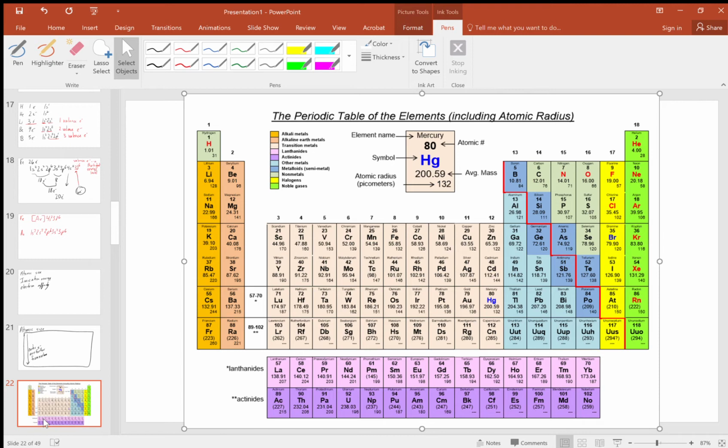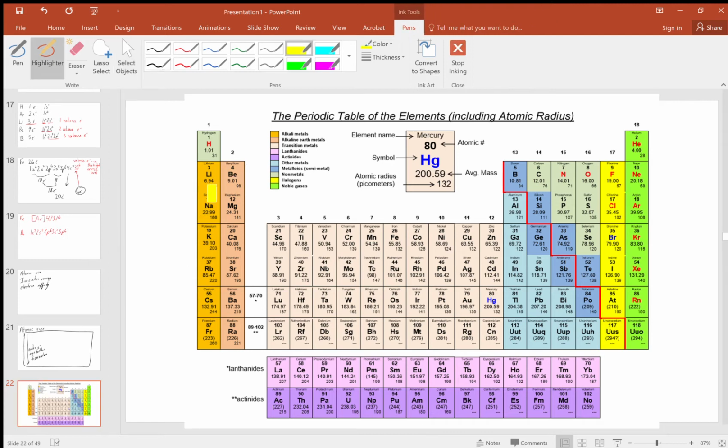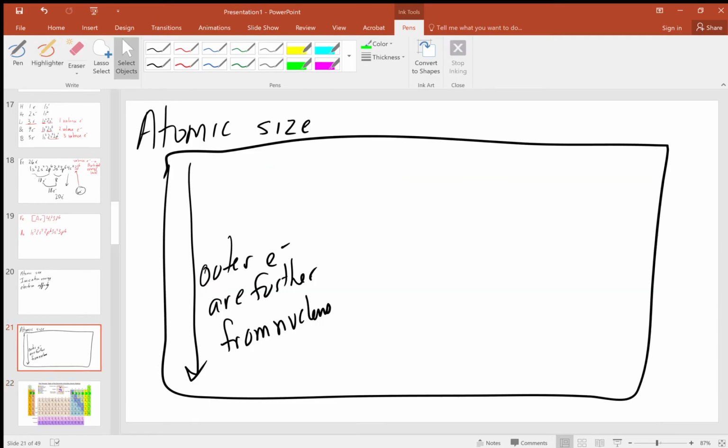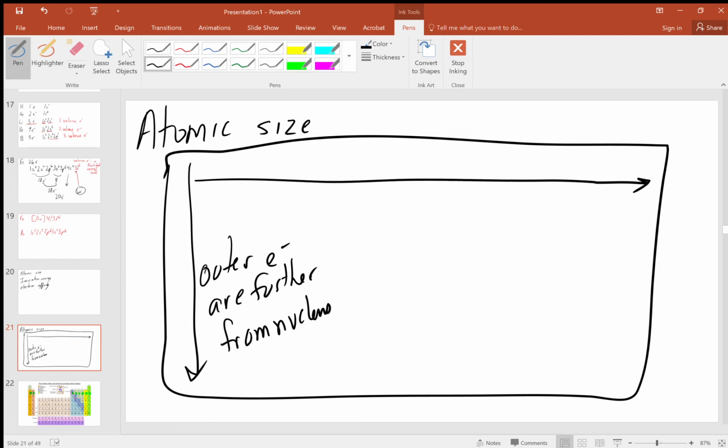Now, what happens as we go left to right? And if you look right across the second row here, 128, 96, 84, 76, 71, 66, 57, and then 58 for neon. What's happening there? Well, with the exception of neon, as we're going across the periodic table, the number of protons increases.